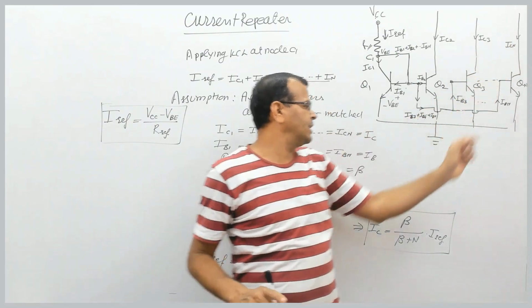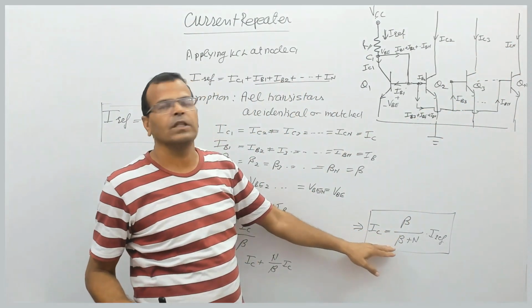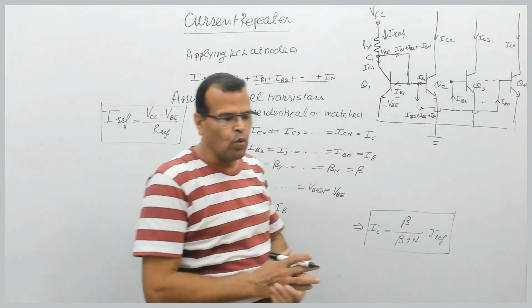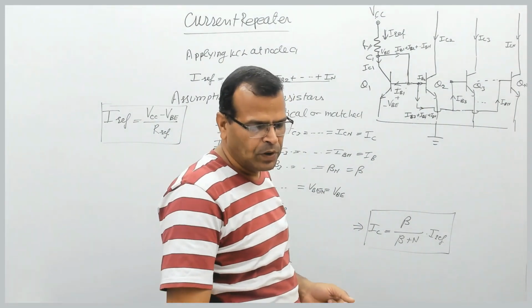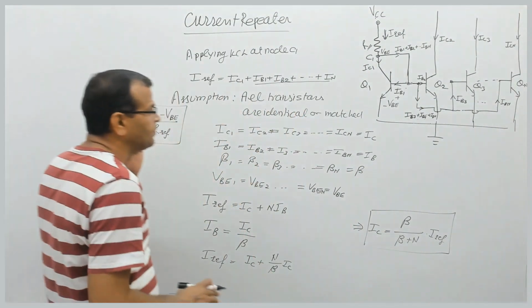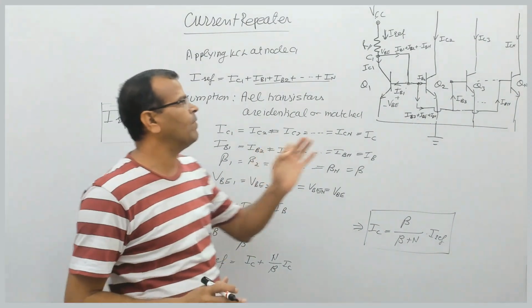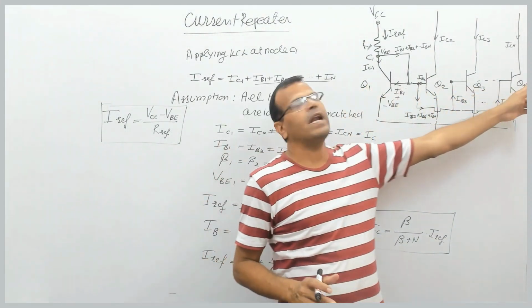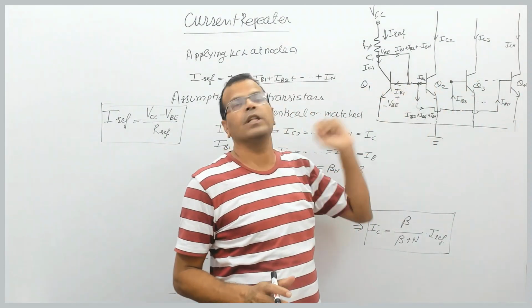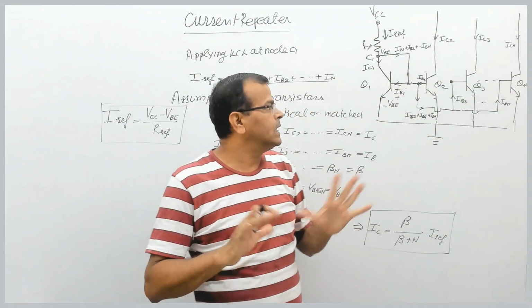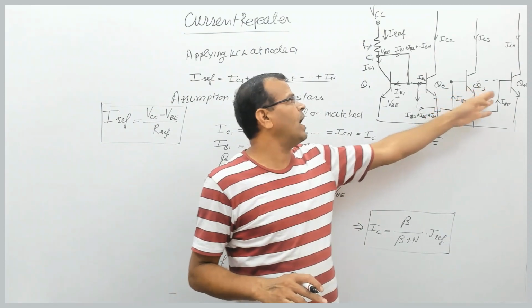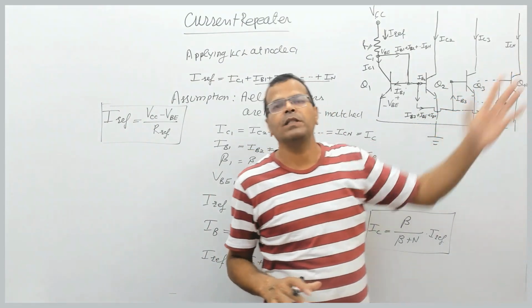The collector current of each stage will be equal to this. So this is one simple expression of the current. Fine, but remember one thing, I am assuming n number of transistors including this. Similarly, you can have n plus 1, you can have n plus 3 and so on.